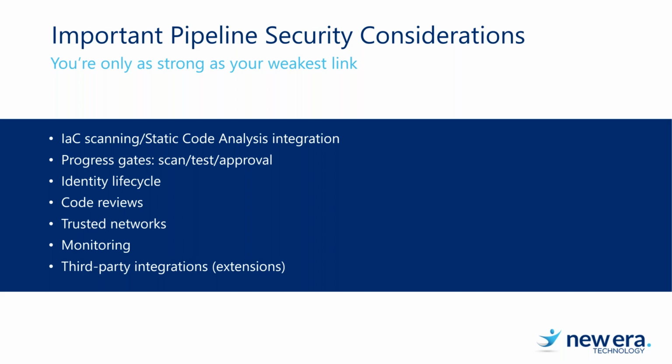Code reviews are really important. It's great to have a second set of eyes on any change that's being introduced. And code reviews can occur at multiple locations, and that's what those approval gates are also for. Trusted networks, those would be the networks that the CI/CD pipeline deploys into, as well as its own.